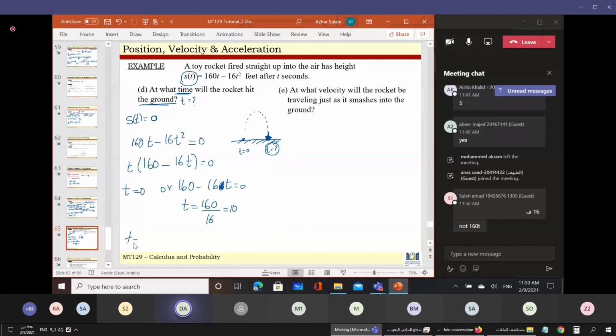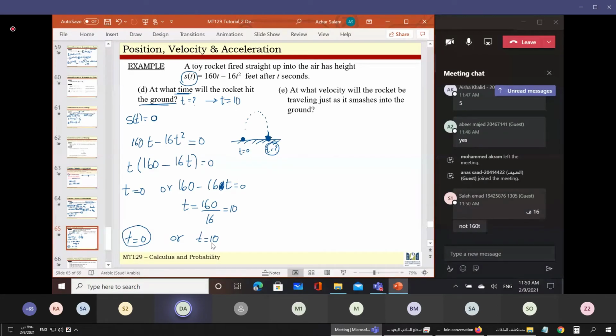So t equals 0 or t equals 10. I know that t equals 0 is the beginning position. So the second position where s of t will be 0 is at t equals 10. This is the answer.